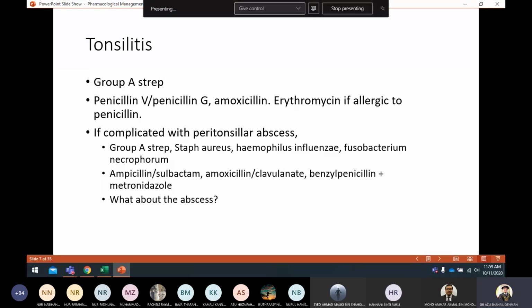What is the purpose of giving metronidazole? Based on the four organisms that are shown there, why do you give metronidazole? For which mechanism? Anyone? For which organism?